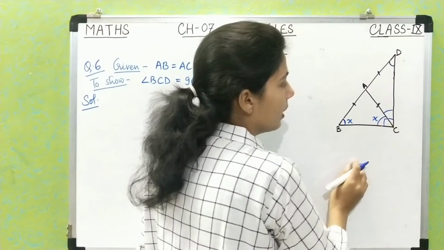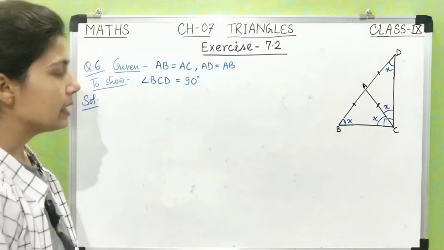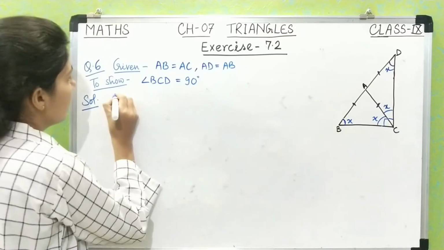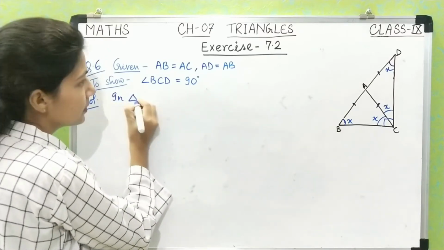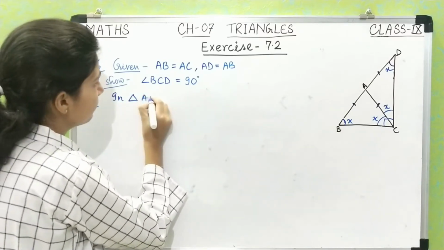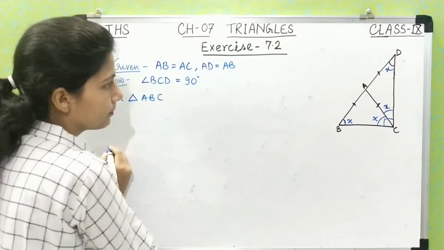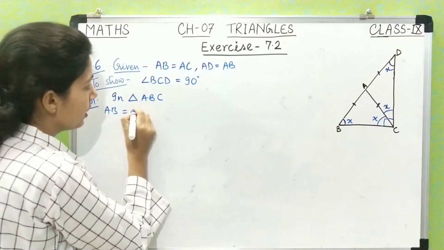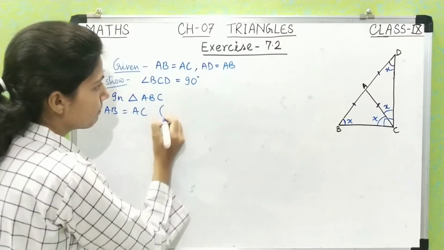Now see how we will write this. In triangle ABC, AB equals AC. Why?